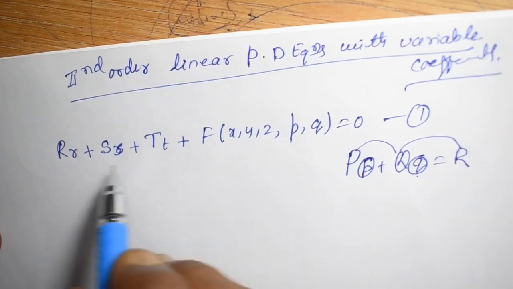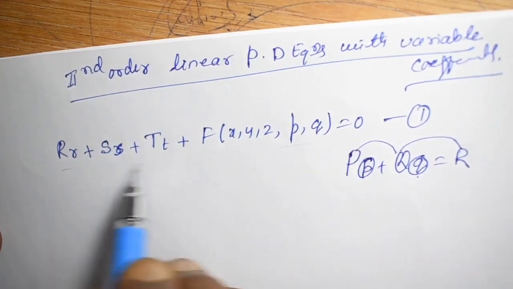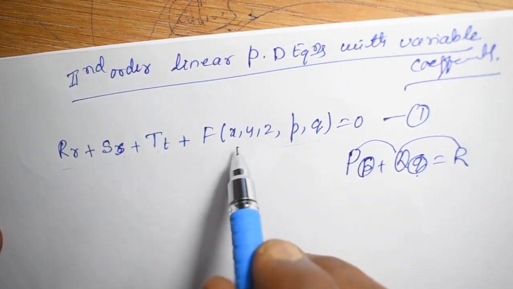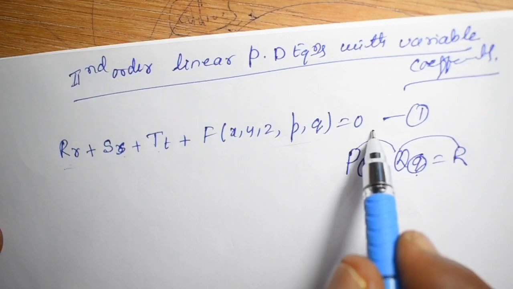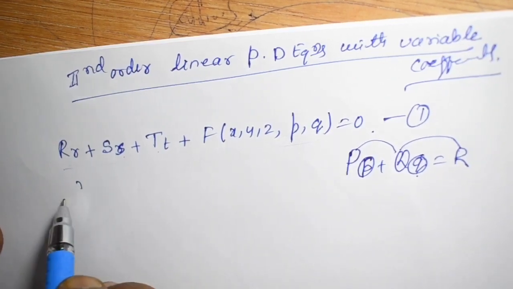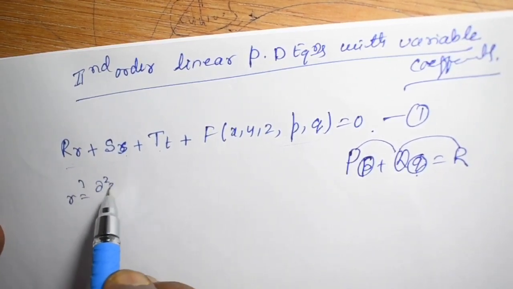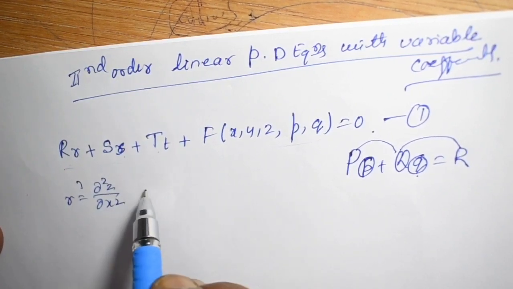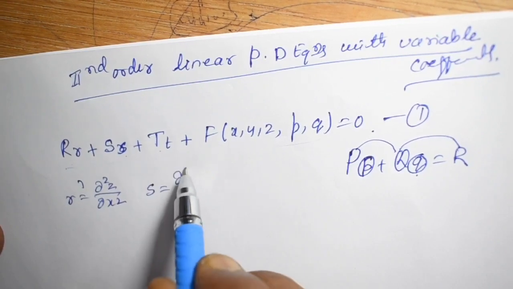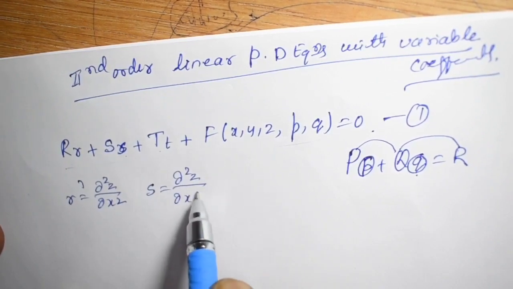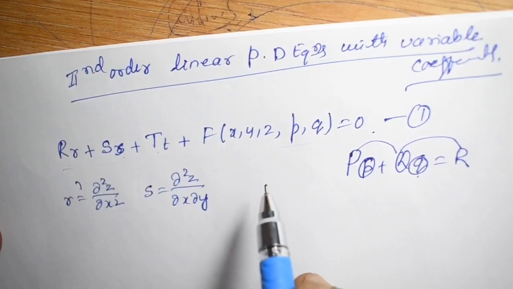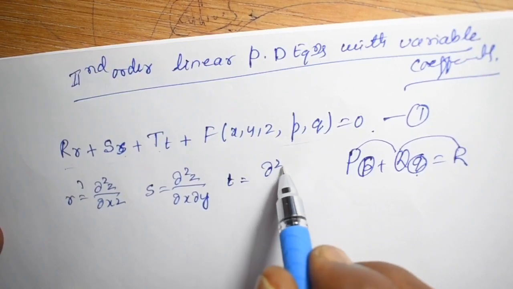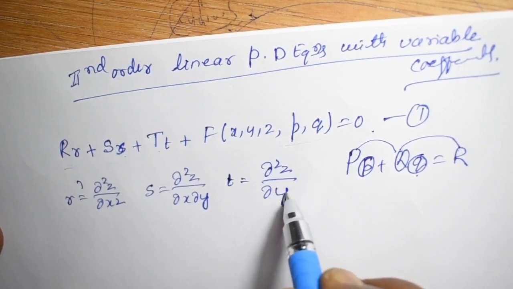In the similar manner, the second order equation is given in this form: R into r, S into s, T into t plus F of x, y, z, p, q is equal to 0, where small r means del square z by del x square, the second derivative with respect to x, small s means del square z by del x del y, the partial derivative with respect to x as well as y, and small t means del square z by del y square.